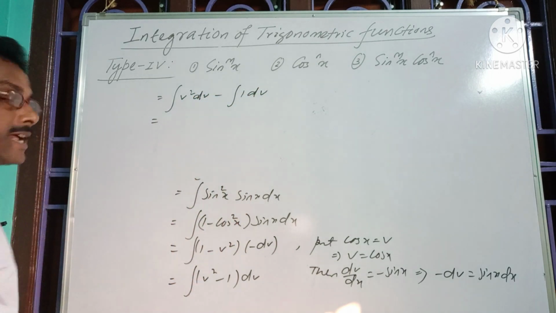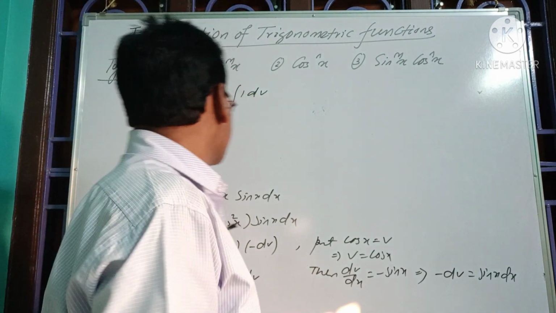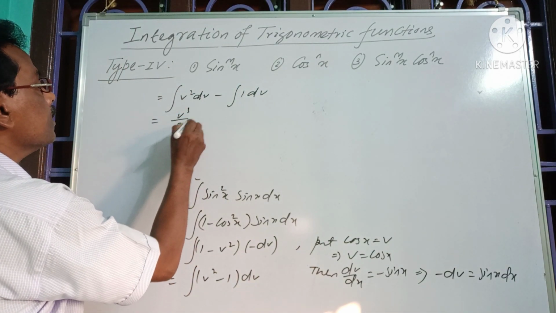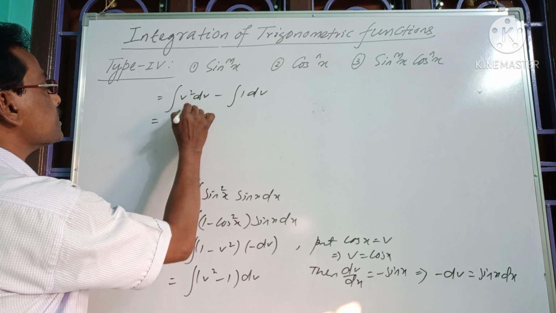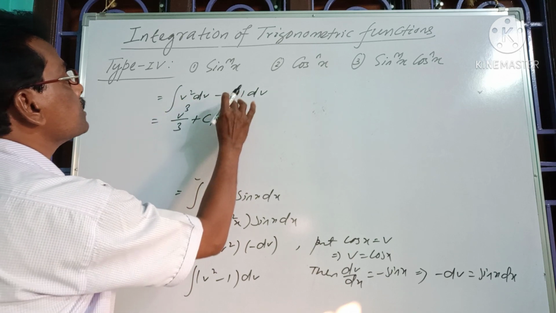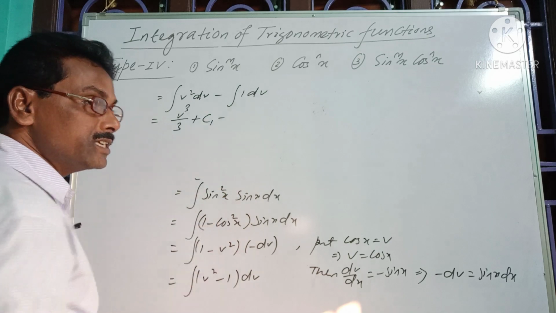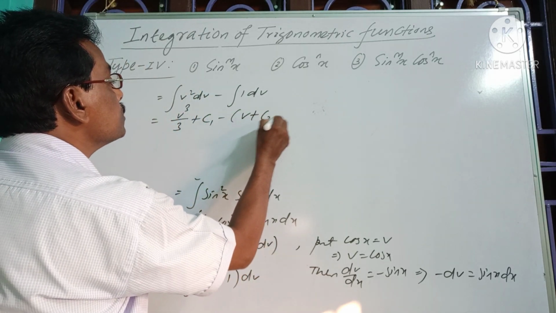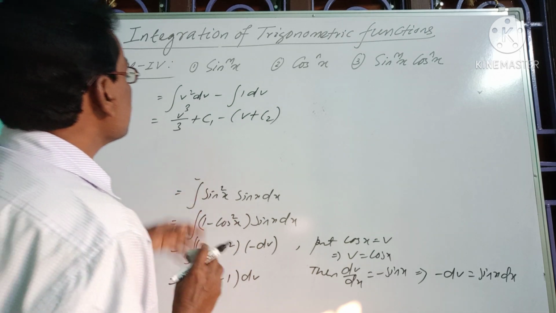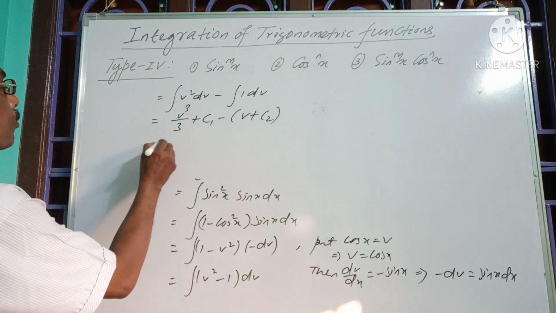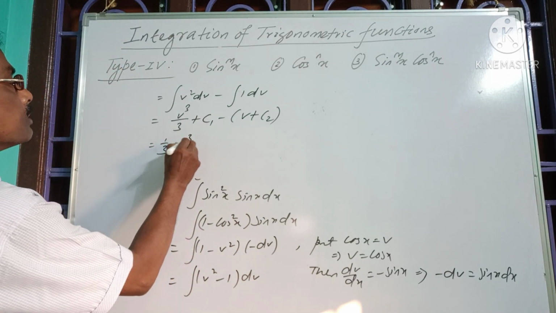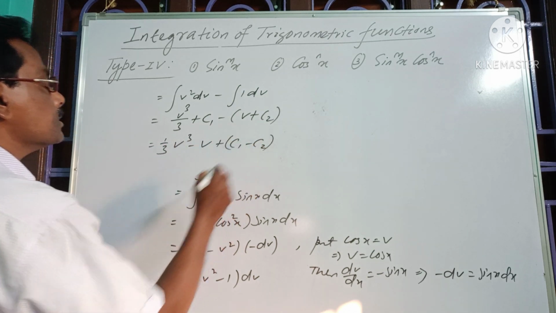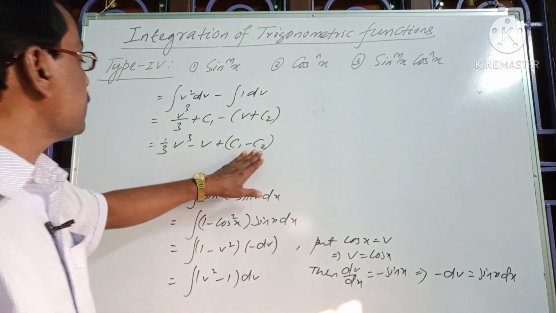Now both the integrands are easily integrable. Integrating v square, we have v to the power 3 by 3 plus c1, where c1 is the constant of integration, minus the integration of 1 with respect to v, which is v plus the constant c2, where c2 is the constant of integration. So now simplifying, we have 1 by 3 into v to the power 3 minus v plus c1 minus c2, that is, collecting the constants c1 and c2 and collecting the functions.